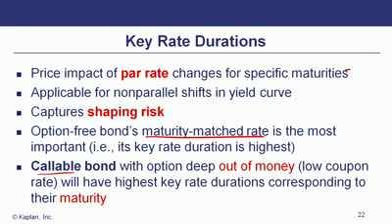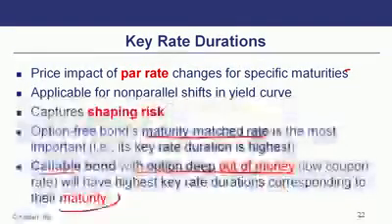For a callable bond with an option deep out of the money, how does this change? Well, if it's deep out of the money, that means you've got a low coupon rate. So market rates are 7, coupon rates are 3. The rates have got to fall 4% before the bond gets into the money, right? So this is going to be a deep out of the money embedded call option. In that case, the highest rate durations are going to correspond to maturity.